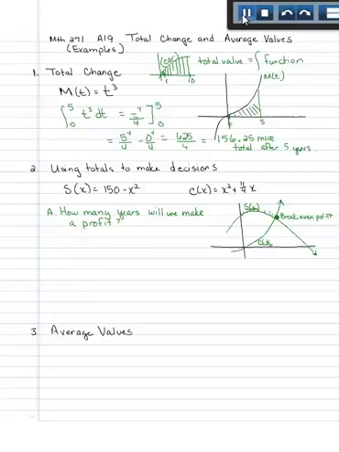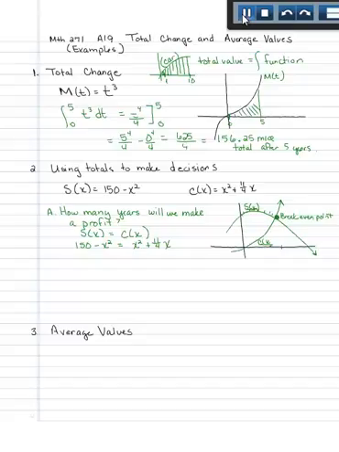So to find out how many years we'll make a profit, we want to set S of x equal to C of x. And if we do that, we get 150 minus x squared equals x squared plus 11/4 x. And now you simply need to solve this for x. So if you'll pause and do that.